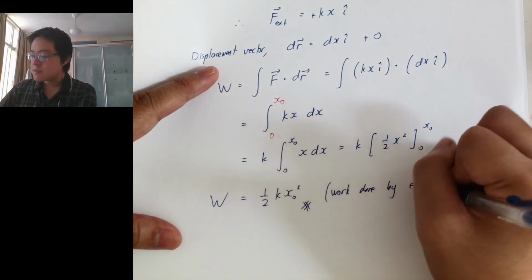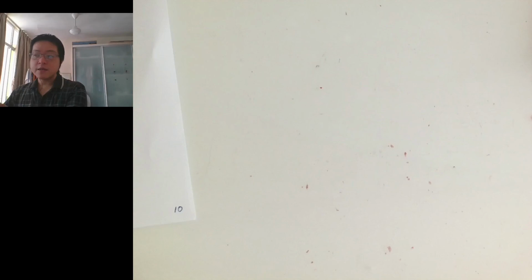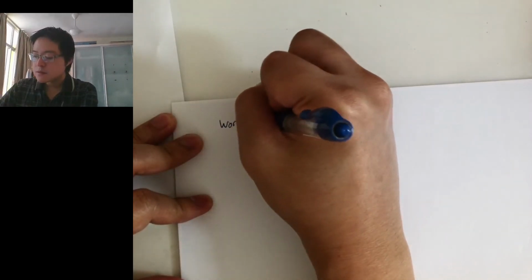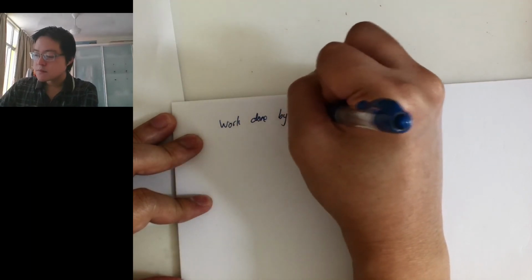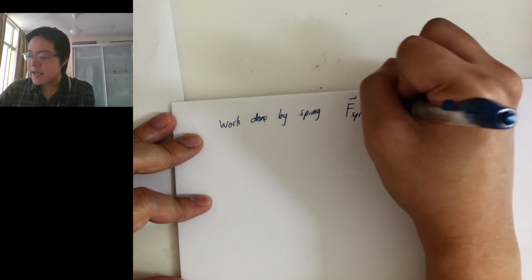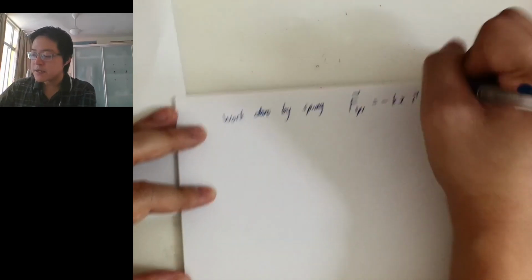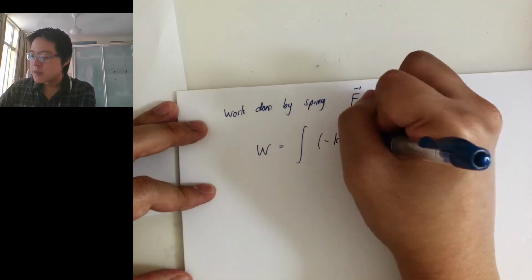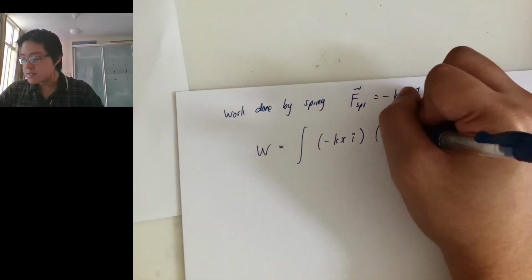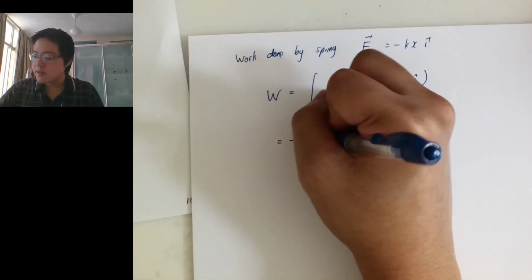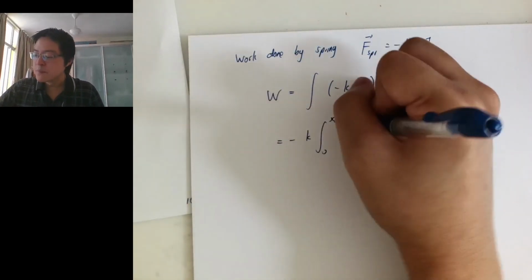So what happens if I try to calculate the work done by the spring? The spring force is negative kx i, right? So the work done is the integral of negative kx i, and the displacement vector is still the same. So it's negative k integral from 0 to x naught of x dx.